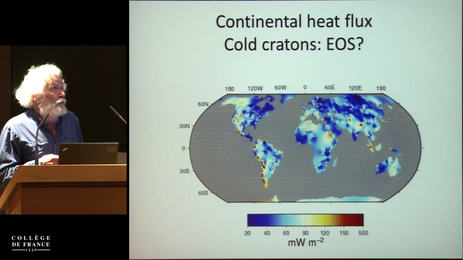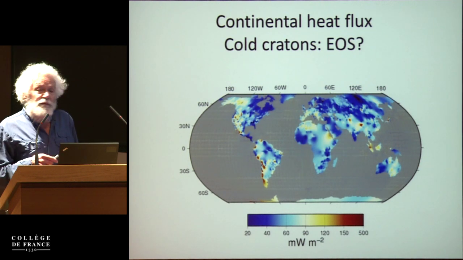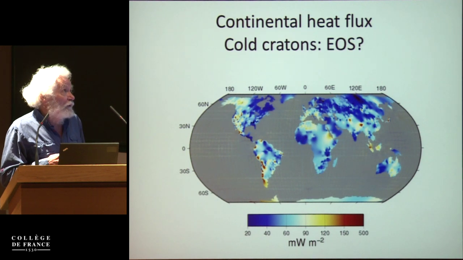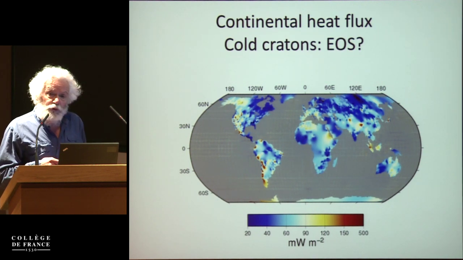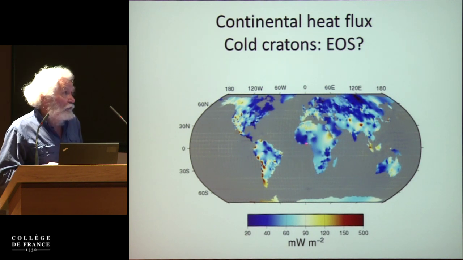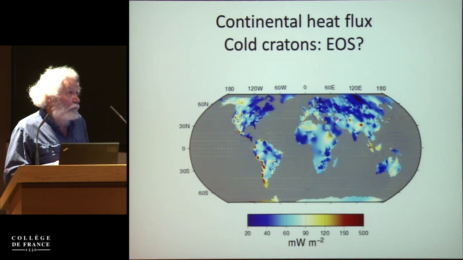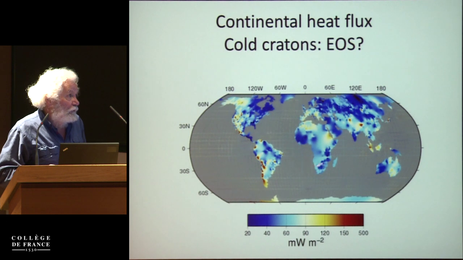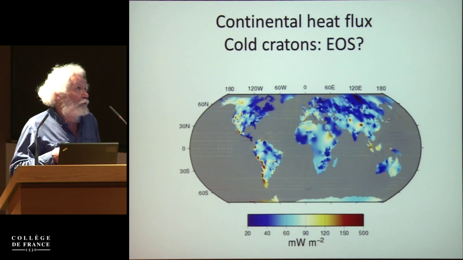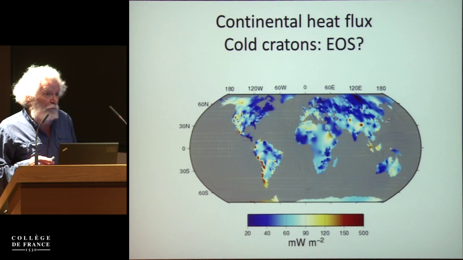So, let's first look at the continental heat flow map. What it shows essentially is that cratons, which you see here in blue, are cold. The Siberian, Baltic, Australian, South Africa, West Africa, Canadian Shield are all cold regions on this heat flow map.